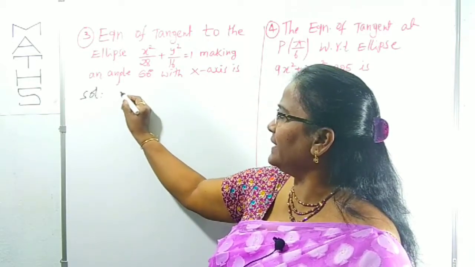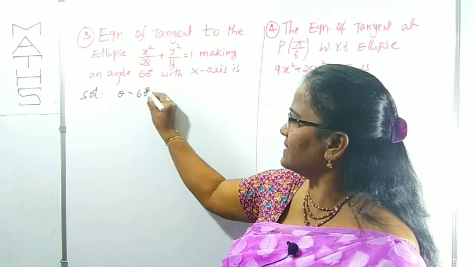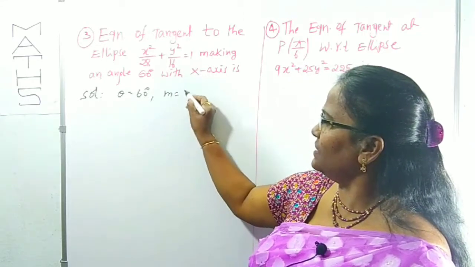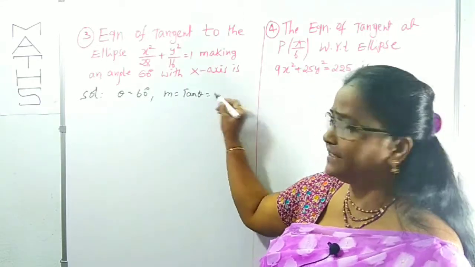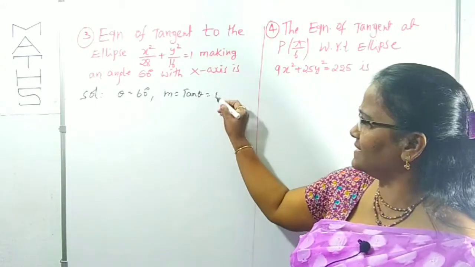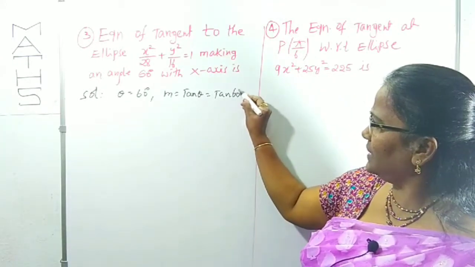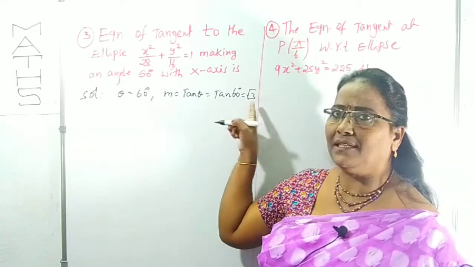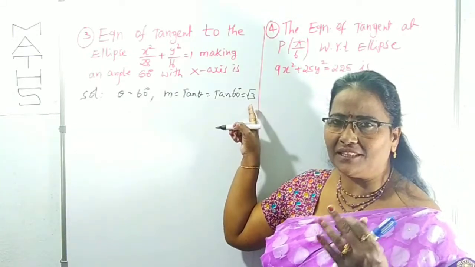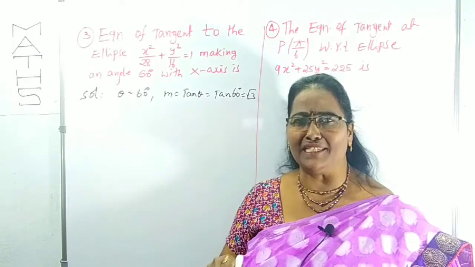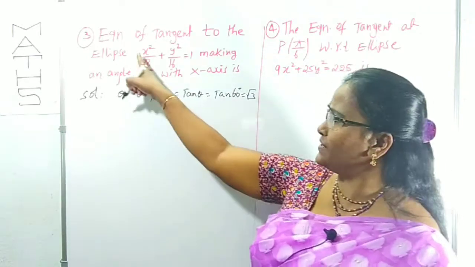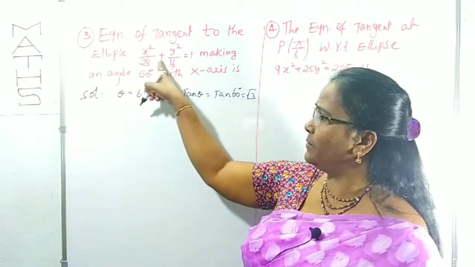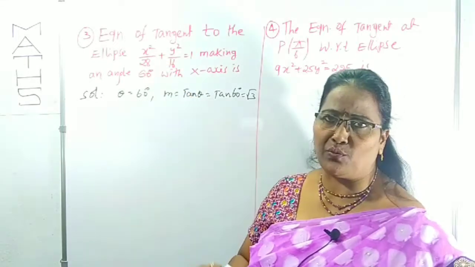Slope of the line, theta is given as 60 degrees. M equals tan theta, that means tan 60. You know clearly the tan 60 value is root 3. Indirectly the slope of the tangent is given. Immediately we can choose the equation of tangent in slope form. This is in the form of x square by a square plus y square by b square equals 1.